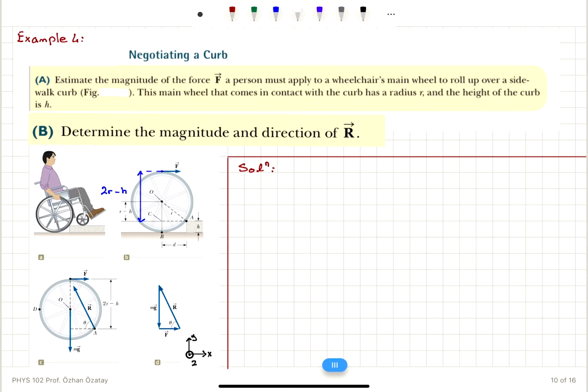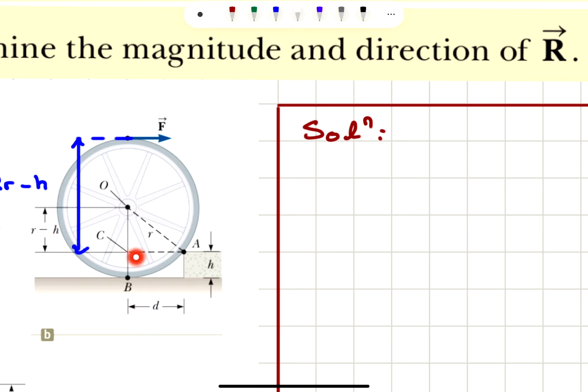Okay, so if we concentrate on this OCA triangle, we can see that this is a right triangle. Here's 90 degrees.